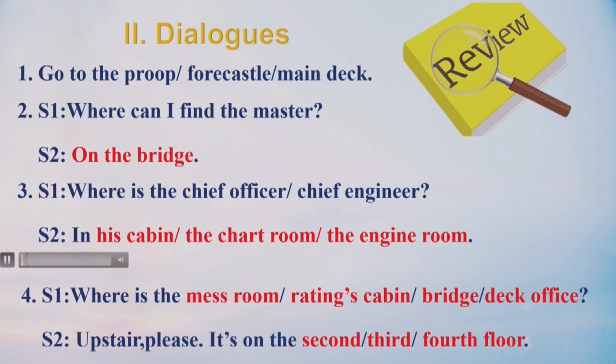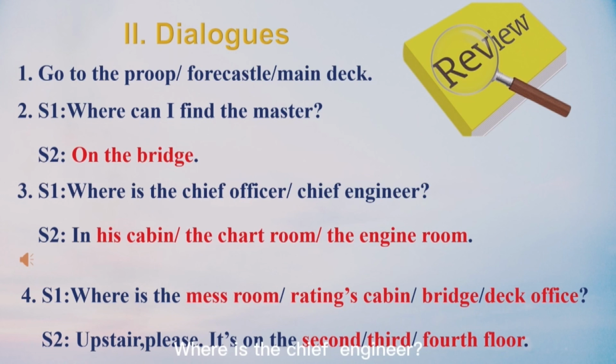Go to the poop. Go to the forecastle. Go to the main deck. 2. Where can I find the master? On the bridge. 3. Where is the chief officer? In his cabin. Where is the chief officer? In the chart room.